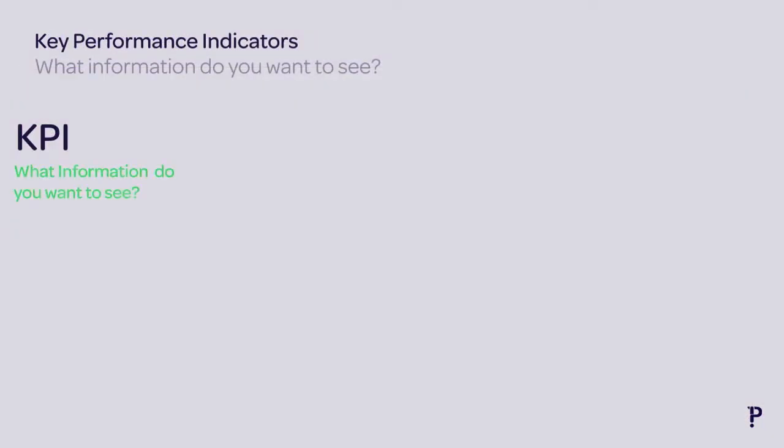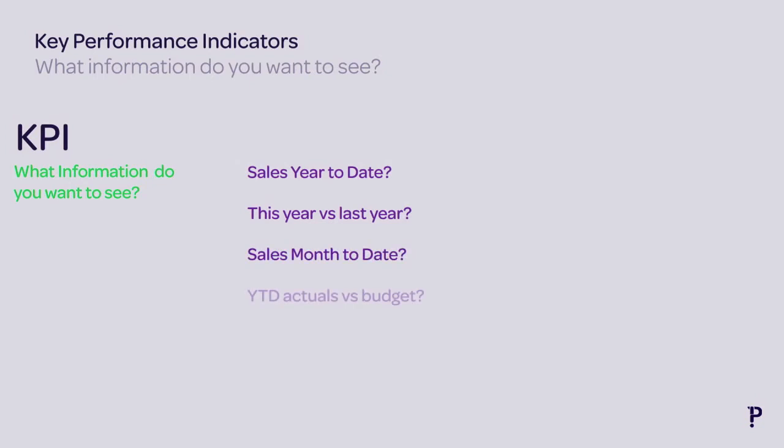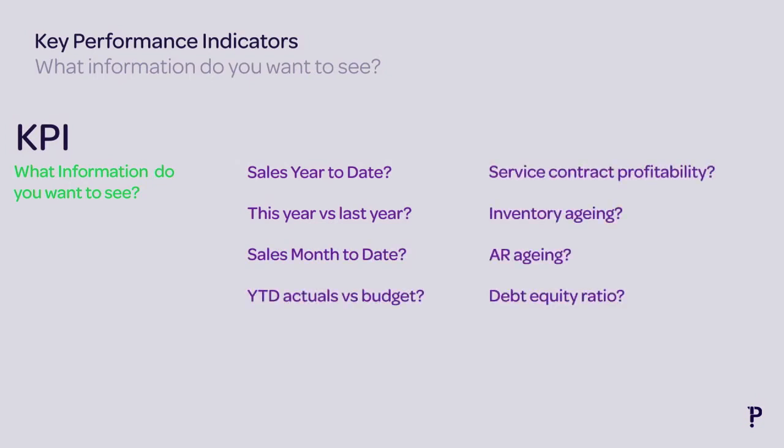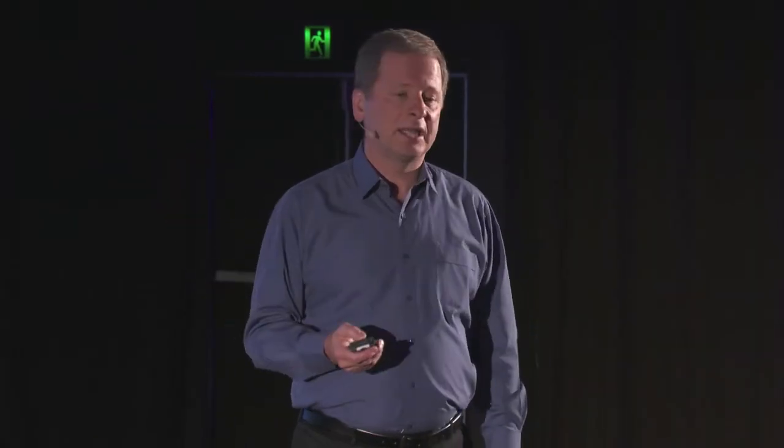A little bit more about KPIs. When you design a KPI, you want to see what information you want. What are the key figures that will help me understand what I'm doing in my business, like sales year to date. The second aspect is what we call drill paths or dimensions.